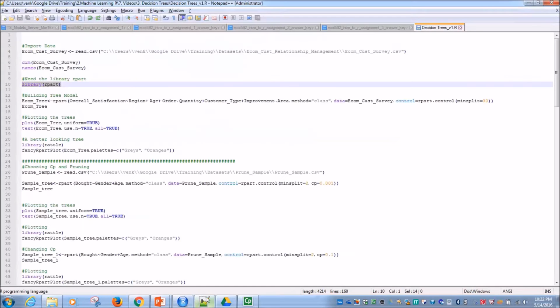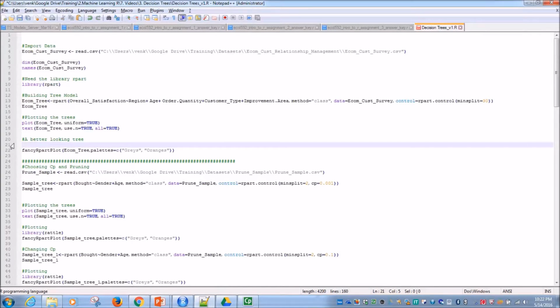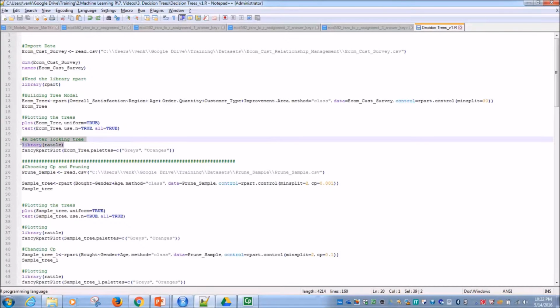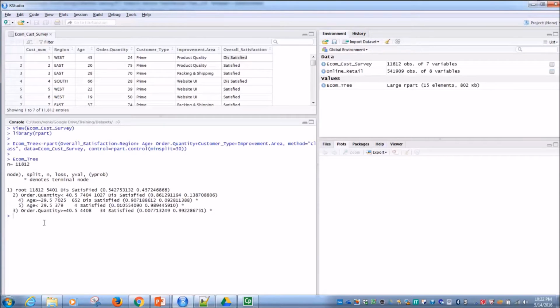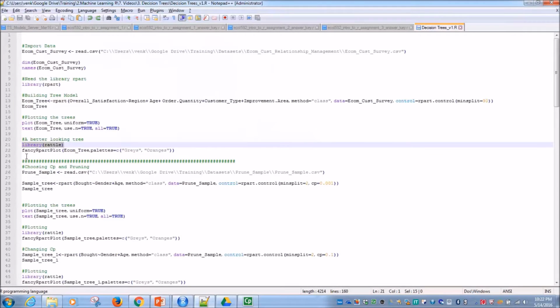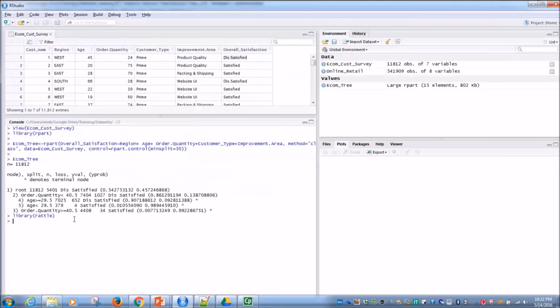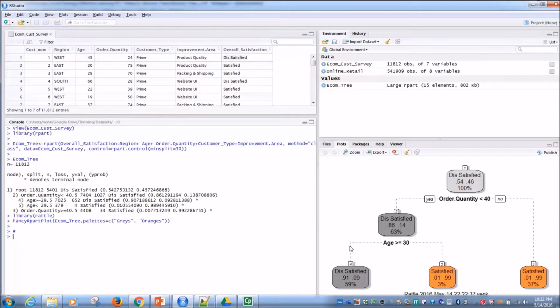What we can do is install the rattle package, and then use fancy rpart plot to draw a plot. Then we can see what exactly this tree is built of and what exactly these numbers are. So at the root there are 11,812 customers.